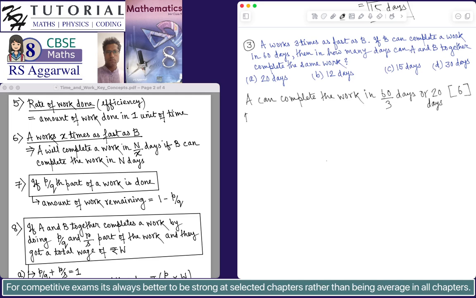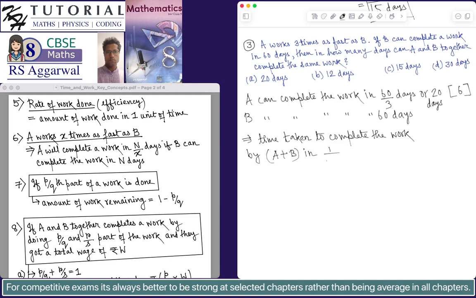So we also have B can complete the work in 60 days. So this implies the time taken to complete the work by A plus B, that is A and B working together.